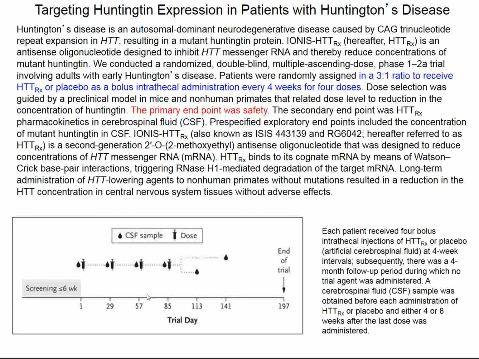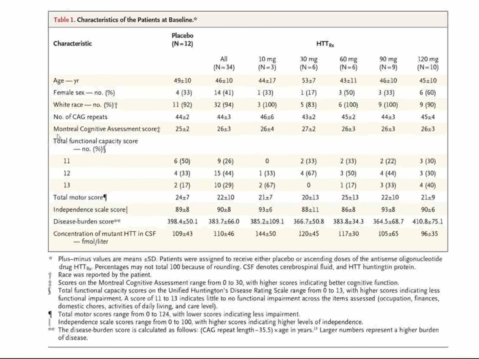So this is not a randomized trial, but what you can see here is different doses of this antisense oligonucleotide were applied, and the schema is given in this graphical display down here. So the antisense is called HTTRX, and it was given in comparison to placebo in a dose range that's shown here, and it was given intrathecally.